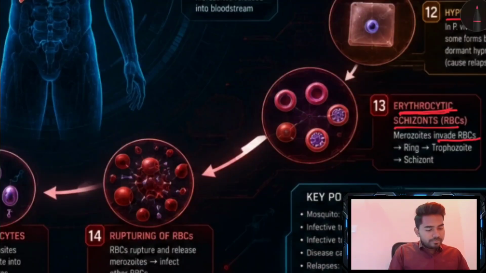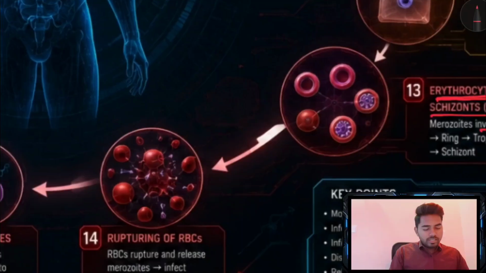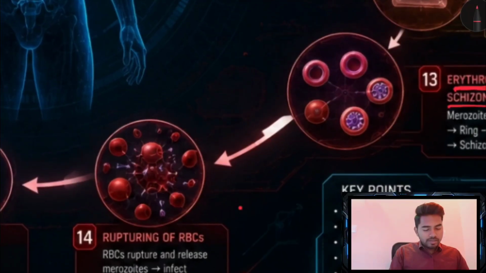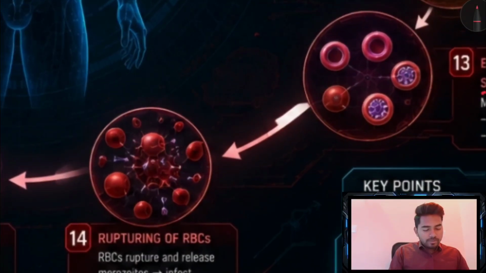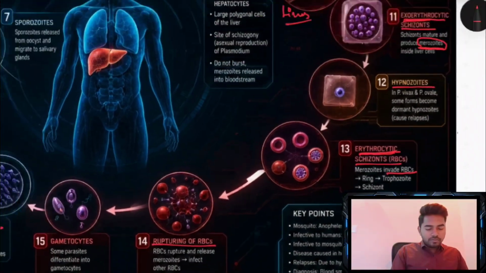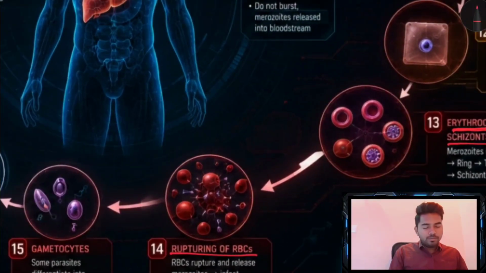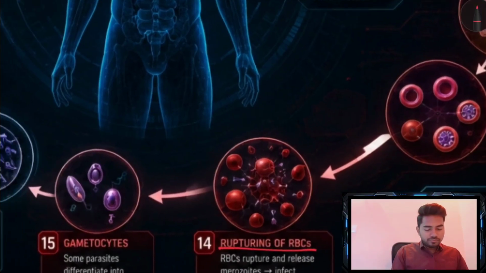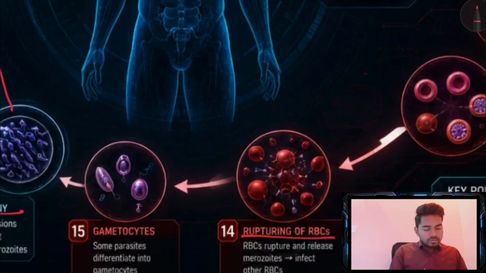Then those merozoites will multiply within the RBCs, and once the time comes, RBCs will rupture. This rupture of RBCs will release hemozoin, which will cause chills and fever. This rupturing of RBCs has released merozoites.